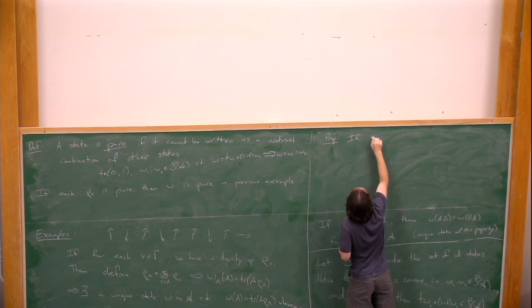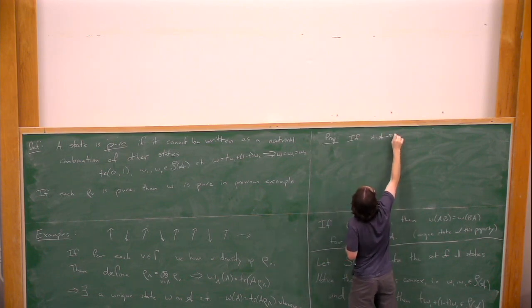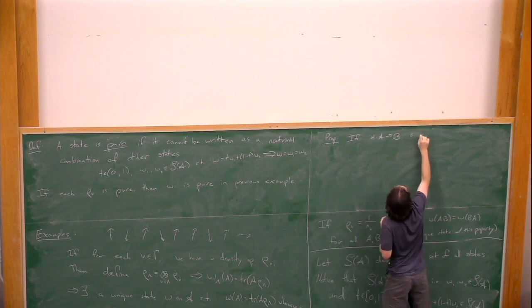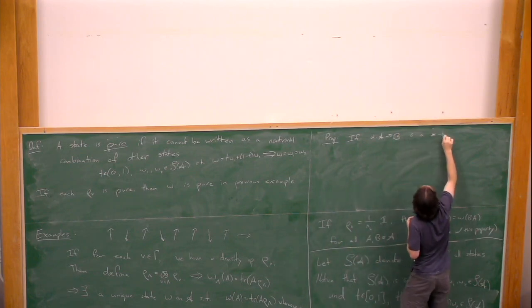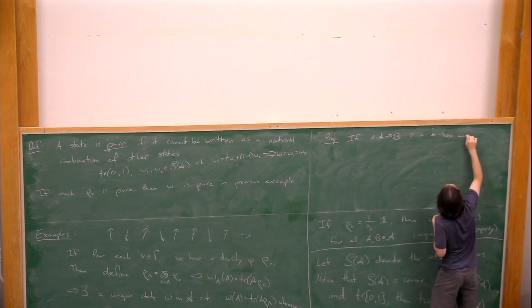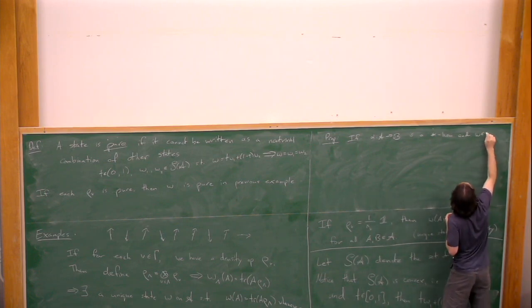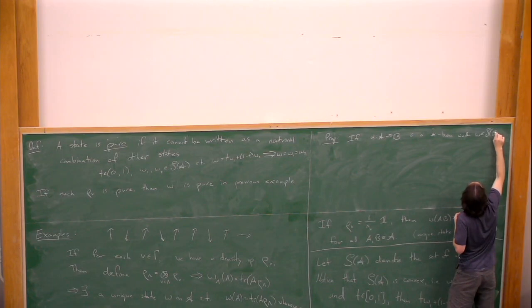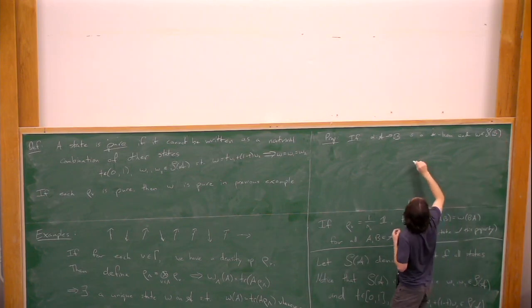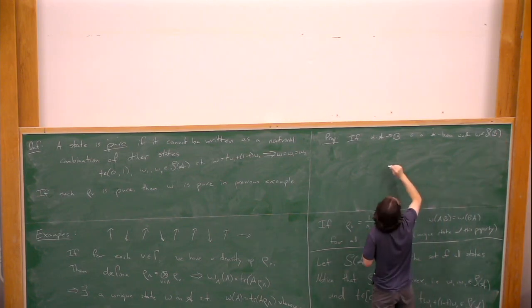If I have a star homomorphism and a state on B, and I want this to be a unital star homomorphism, so I want them to map the unit to the unit.